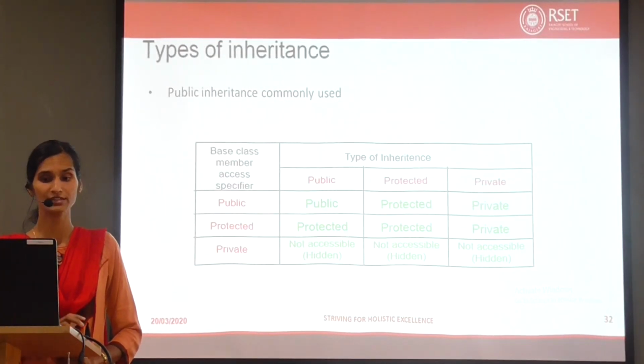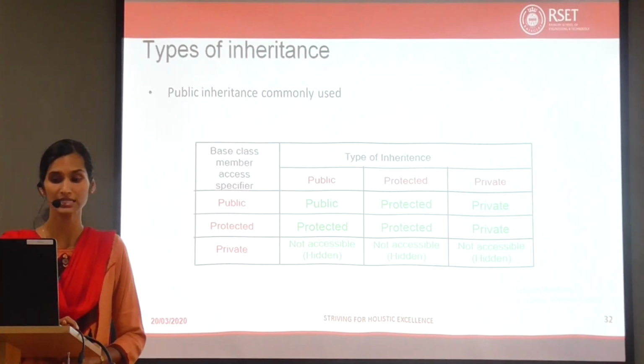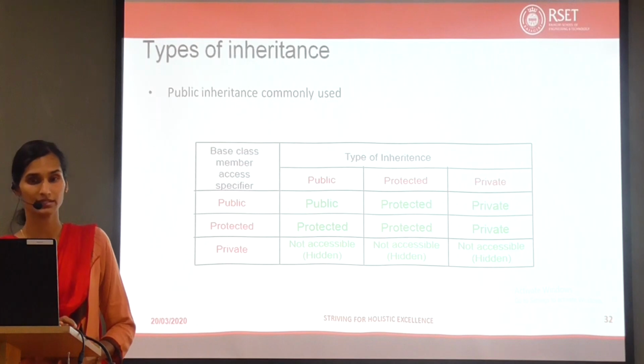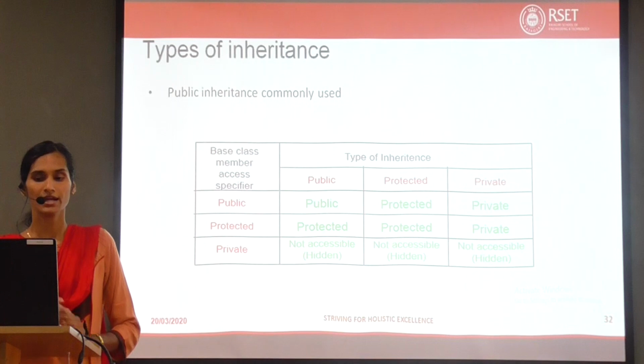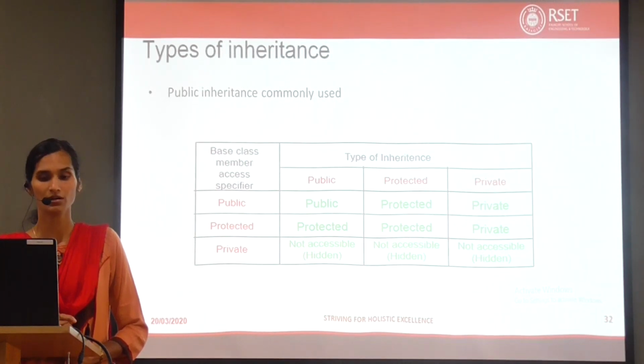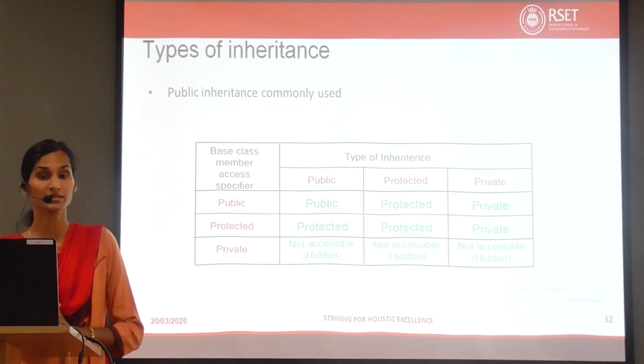Now, in these types of inheritance, as you can see, when you inherit, there are changes in the specifiers. That is, the public variables of the base class remain public in public inheritance, but become protected in a protected inheritance and become private in a private inheritance. Only public inheritance is commonly found, where all the member variables and properties in the base class remain the same when they are inherited publicly.